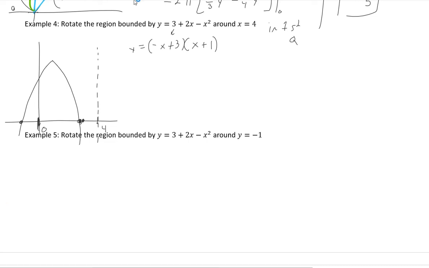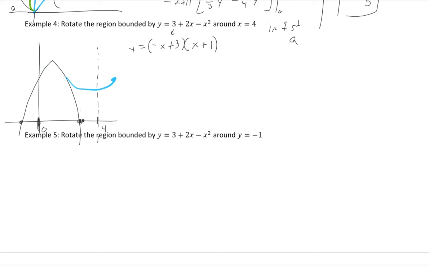The reason I want to do this with cylindrical shells, however, is because if I make a slice like this and rotate that around, that would be a cylindrical shell, and throughout the entire time from 0 to 4, the top part of the curve is always the same. It's defined by the function y equals 3 plus 2x minus x squared.